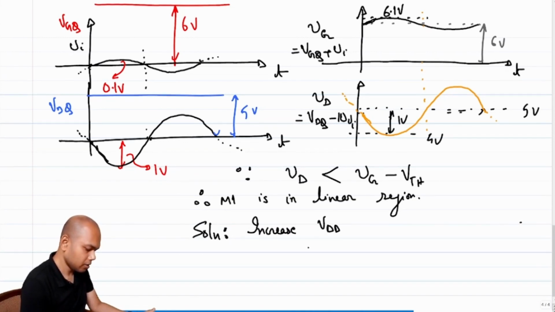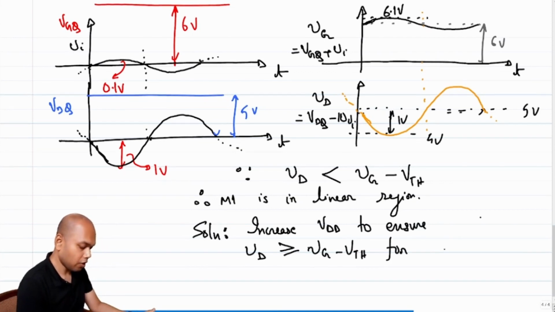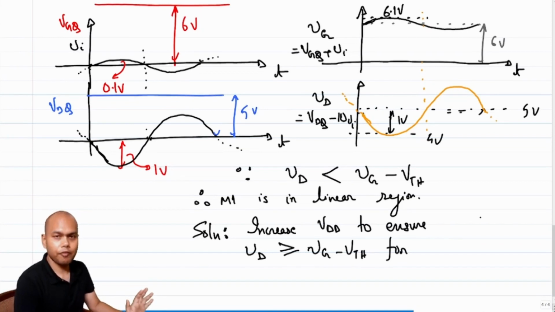Solution: increase VDD to ensure VD is greater than or equal to VG minus threshold voltage for all values of the input, right?